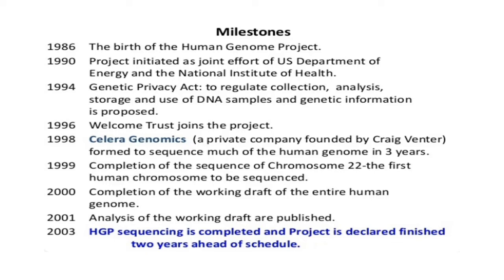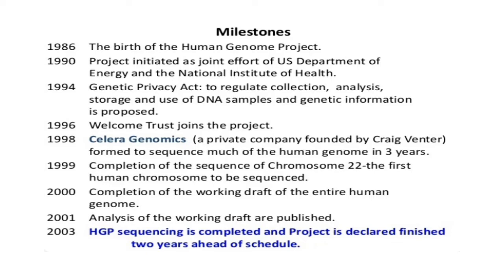In 1994, the Genetic Privacy Act to regulate the collection, analysis, storage, and use of DNA samples and genetic information was proposed. The Wellcome Trust joined the project in 1996, and Celera Genomics, a private company founded by Craig Venter, was formed to sequence much of the human genome in 3 years.